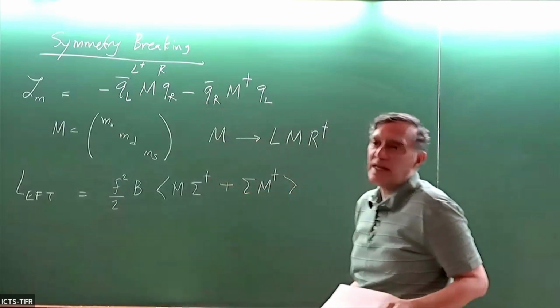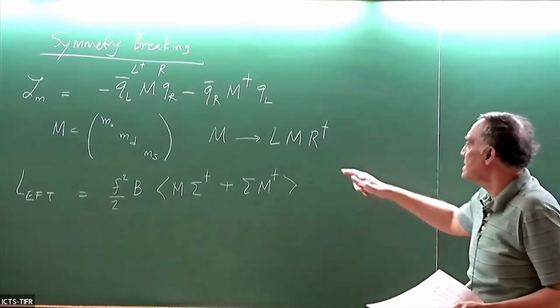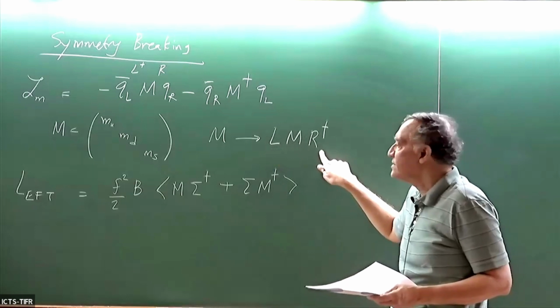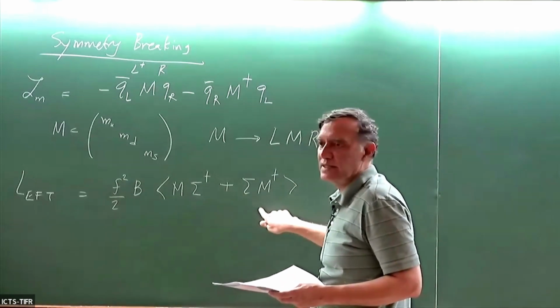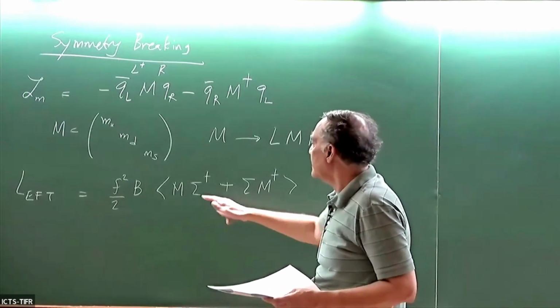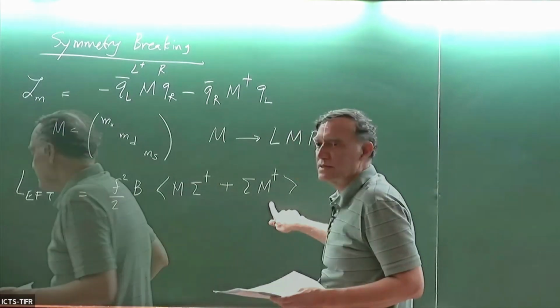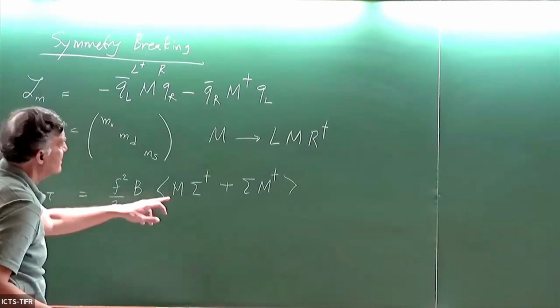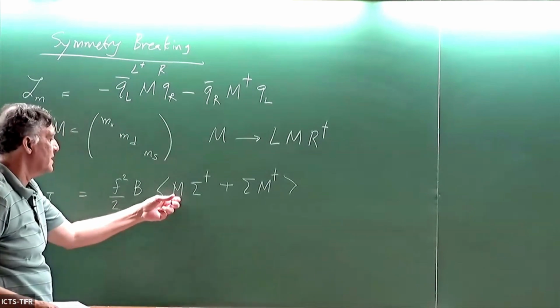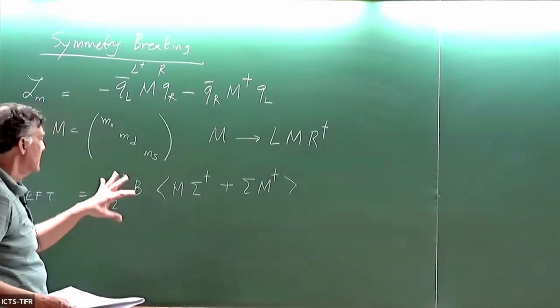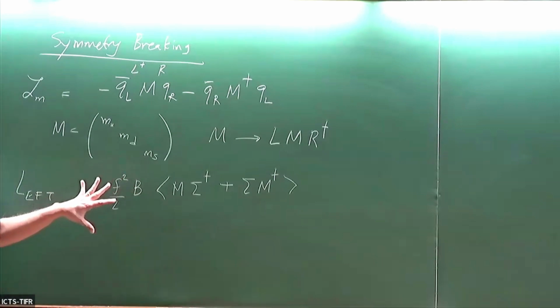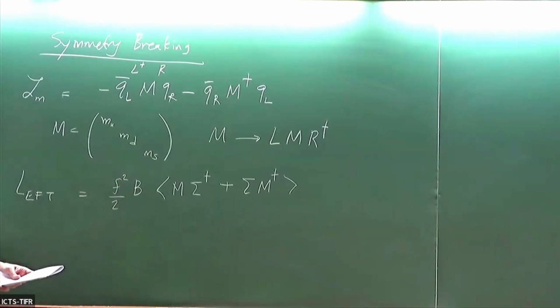So now you can have a term with no derivatives, because the M here has an L R dagger transformation, and then these terms are chirally invariant. Previously, we had to have sigma sigma dagger, which was a constant, but now with M there, this is no longer a constant. Okay, so the mass term is order 1. It has units of mass dimension 1. This is something with mass dimension 3, and it's written this way for historical reasons.